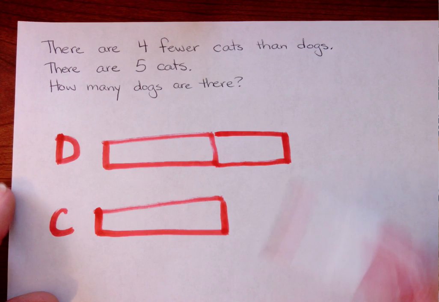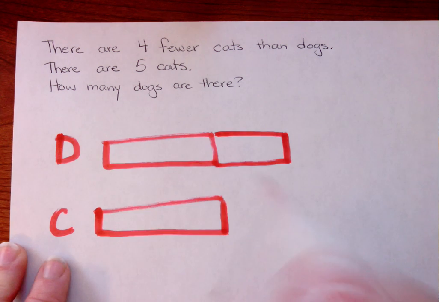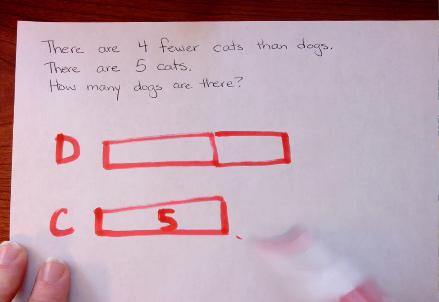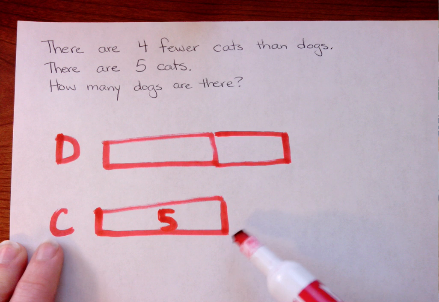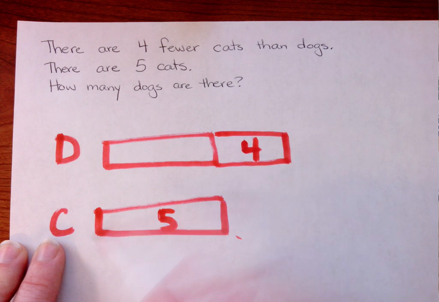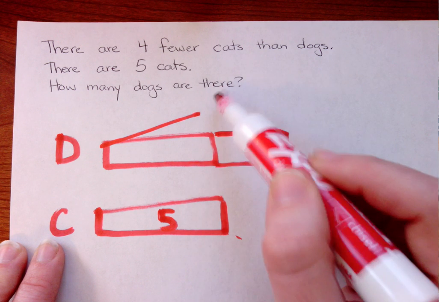Now let's see what information we know, what quantities we know. There are 5 cats. I can put that in here. There are 4 fewer cats than dogs. So this section, 4 fewer, means that the dogs have 4 more. How many dogs are there? Okay, we're looking for the total number of dogs.